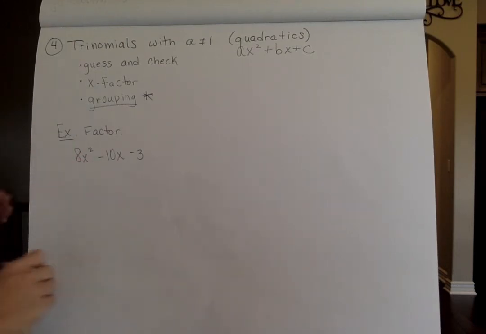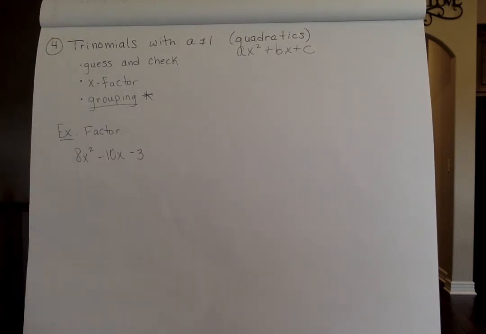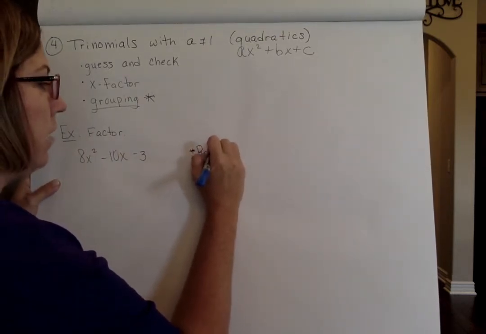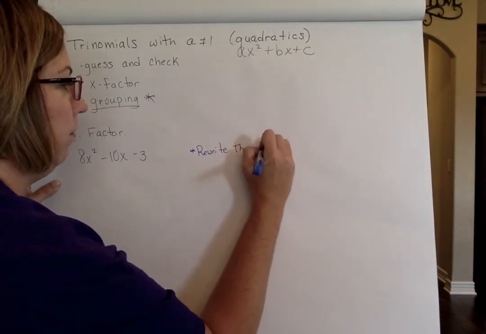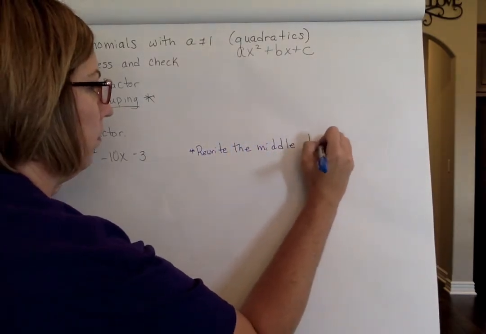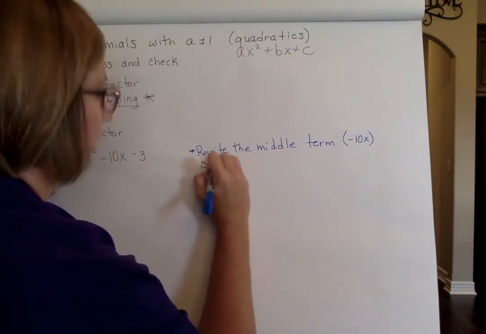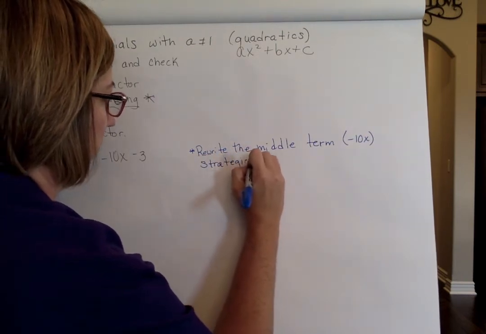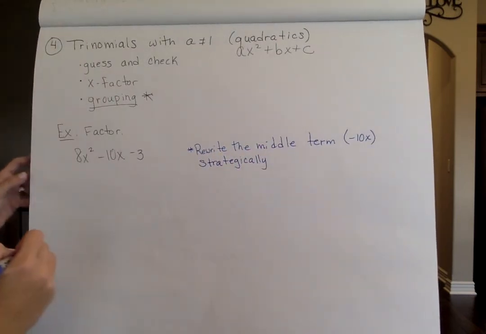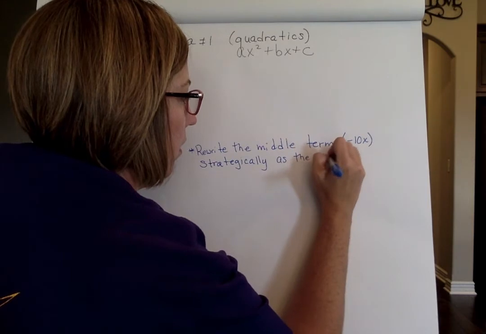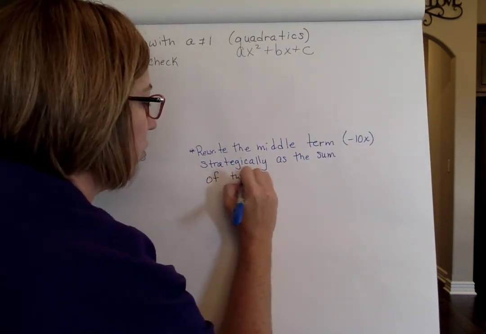And so what we're going to be doing is, I'm going to write this down on the side over here. I'm going to say rewrite the middle term, which in our case is negative 10x, strategically, as the sum of 2 terms.